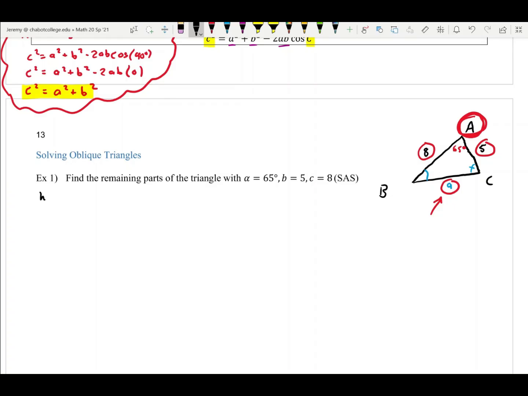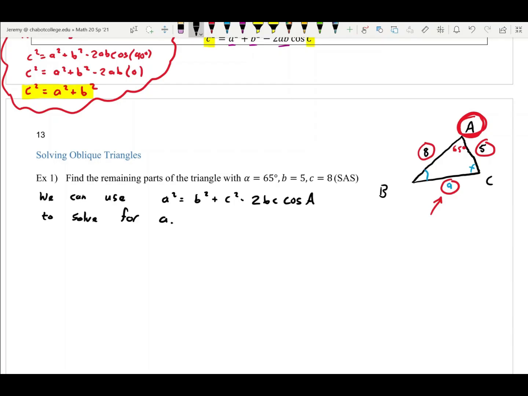So I'll just say we can use this formula. a squared is equal to b squared plus c squared minus 2bc cosine A to solve for that side length lowercase a.